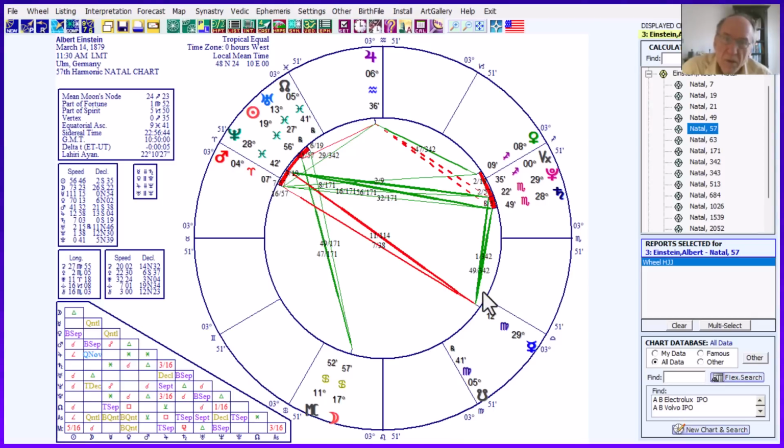Only 3 of the planets remain. The Sun, which was making a weaker aspect, has moved out of the configuration. But Mars and Neptune are still opposition Mercury.